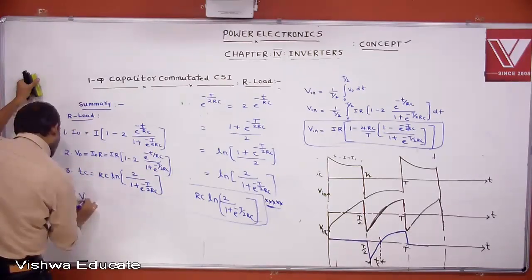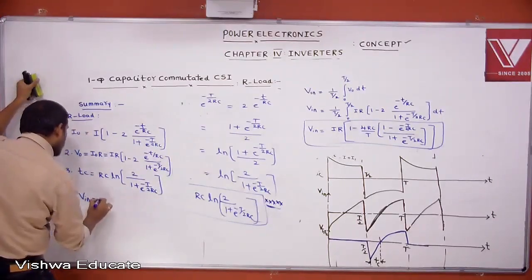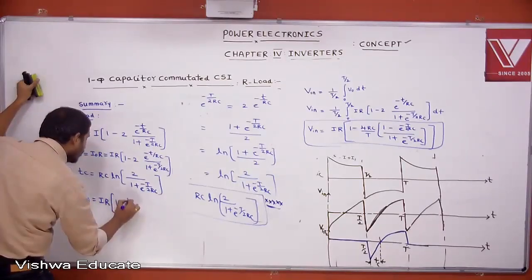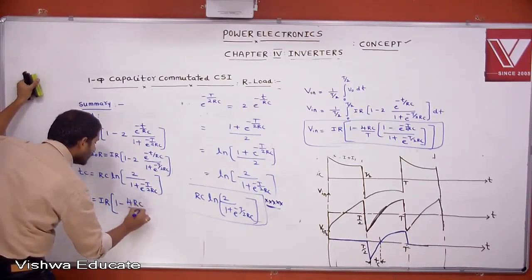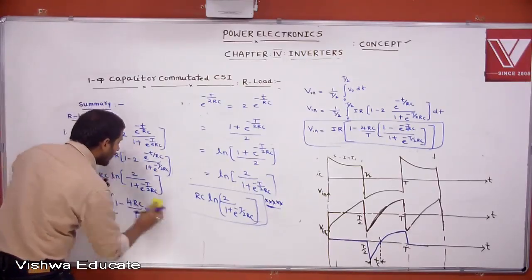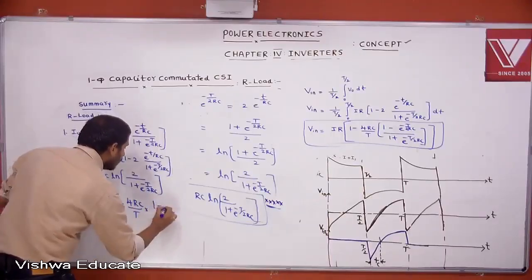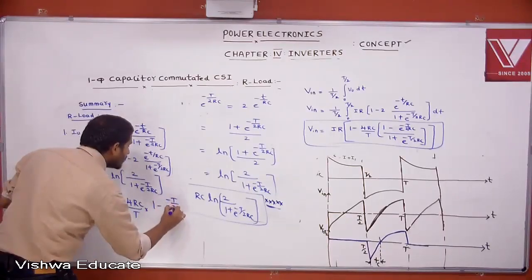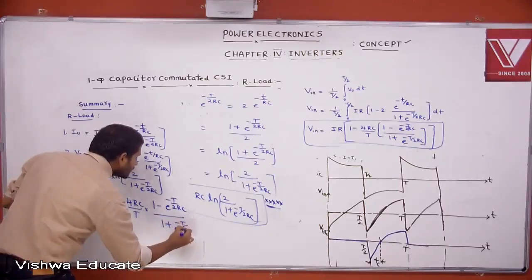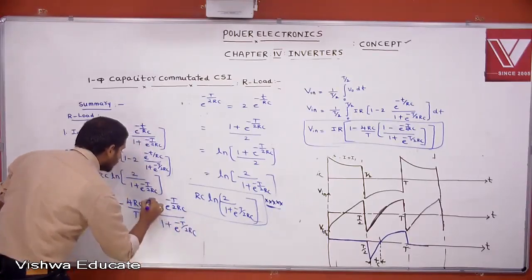Next, the fourth one: the average input voltage equals IR into 1 minus 4 RC by T into (1 minus e power minus t by 2 RC) by (1 plus e power minus t by 2 RC).